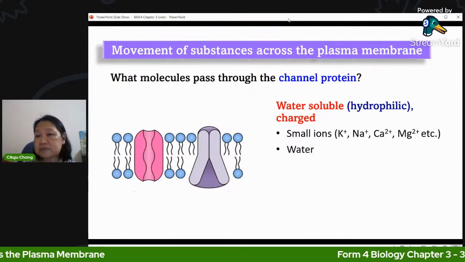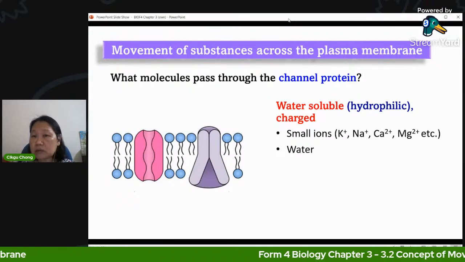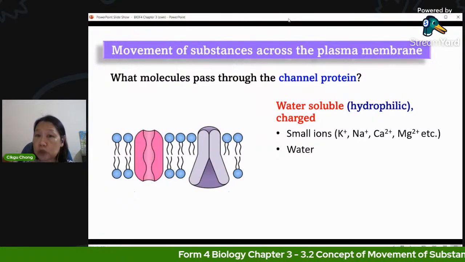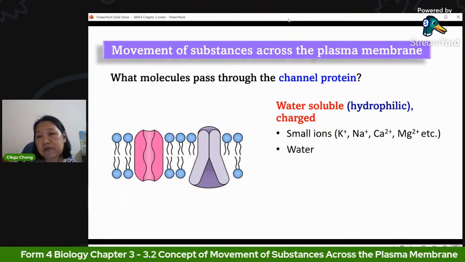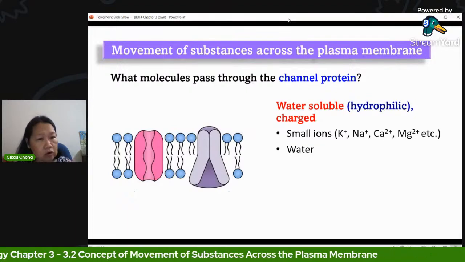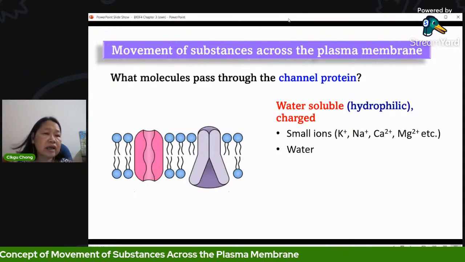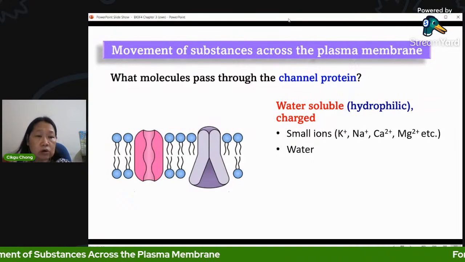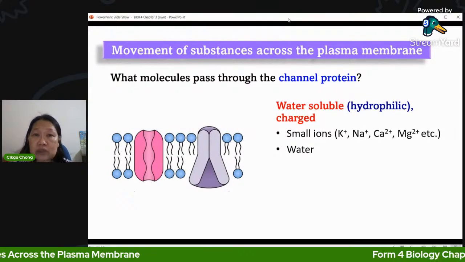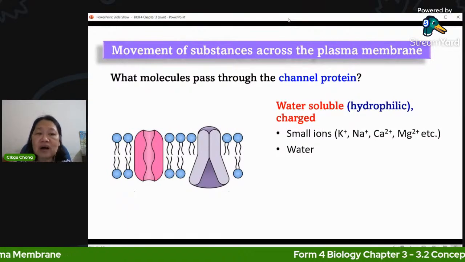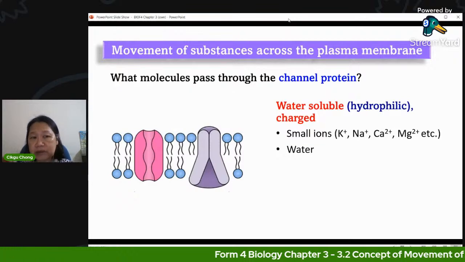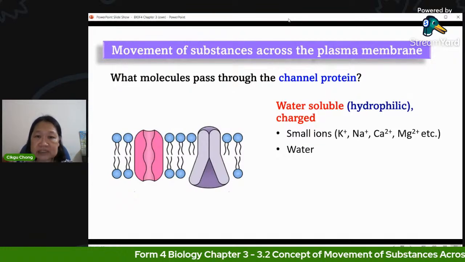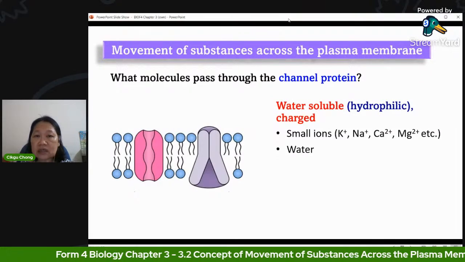Another substance that can pass through the pore protein or channel protein is also water. Just now we saw that water can pass through the phospholipid bilayer, and water can also pass through here. So water can pass through more than one way, to enter the cell or to exit from the cell. So this is channel protein.